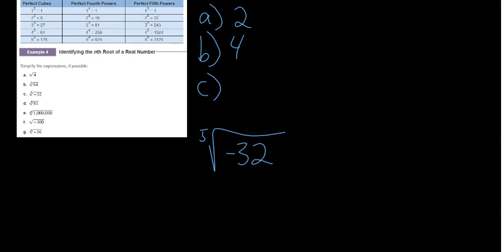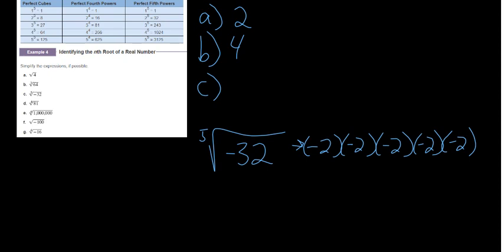So I'm going to say that negative 2 times negative 2 times negative 2 times negative 2 times negative 2. Okay, so let's do that. Negative 2 times negative 2, that's positive 4. This right here is also positive 4, and then we have a negative 2.